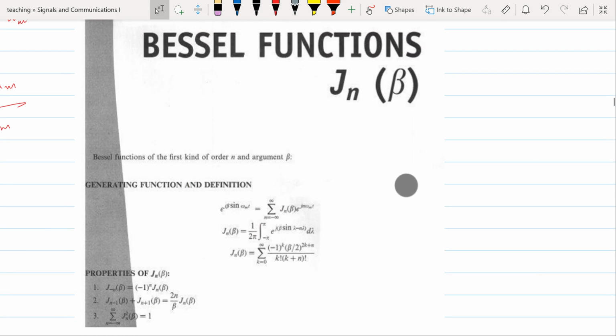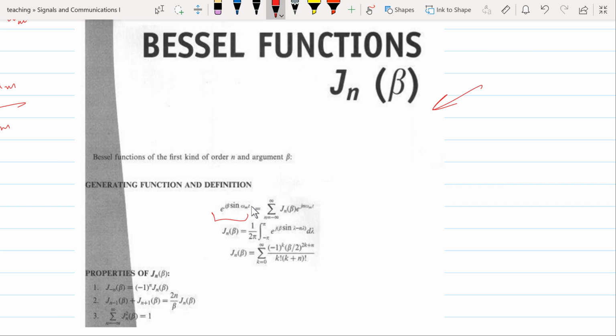So before we go very deep into the observations on the characteristics of the spectrum of sinusoidal modulation, we should bring in the definition of the Bessel functions, and it comes from the original equation that we normally use when developing the Fourier series of a periodic wave.